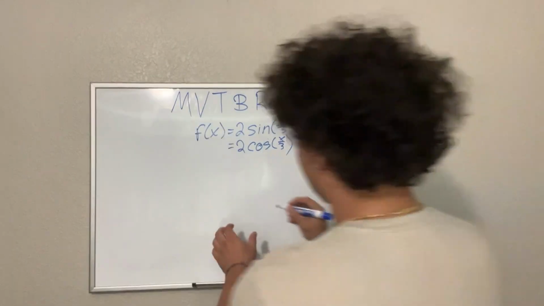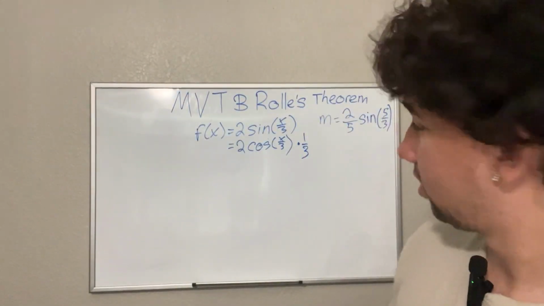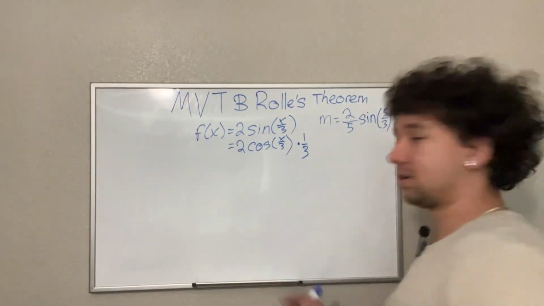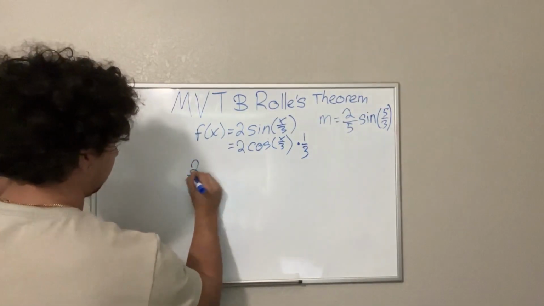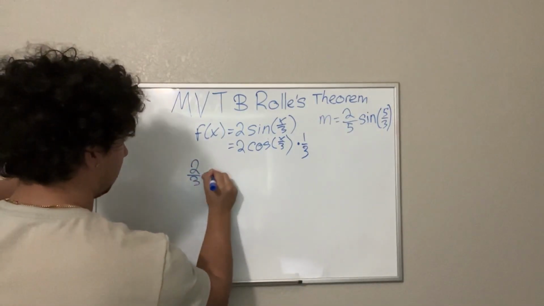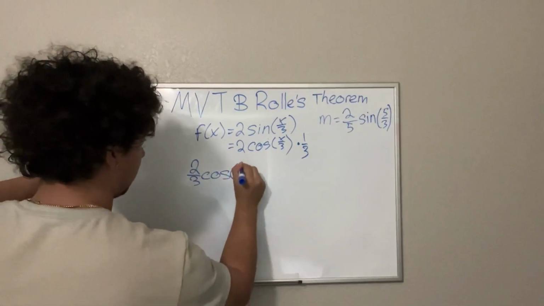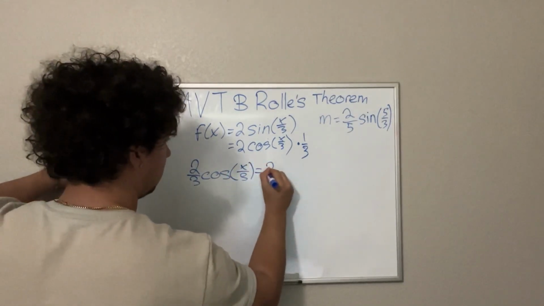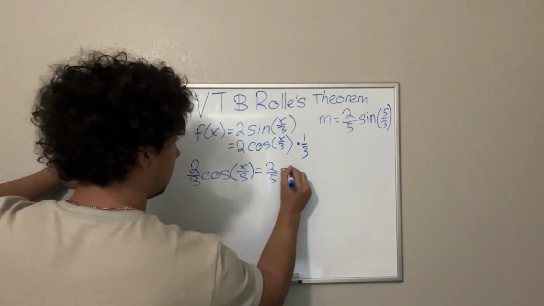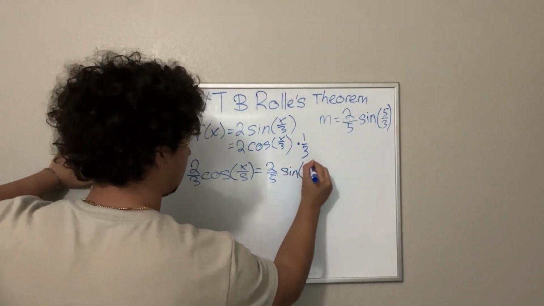So in this case, I'm getting 2/3 cosine of x over 3 is equal to 2/5 sine of 5/3.